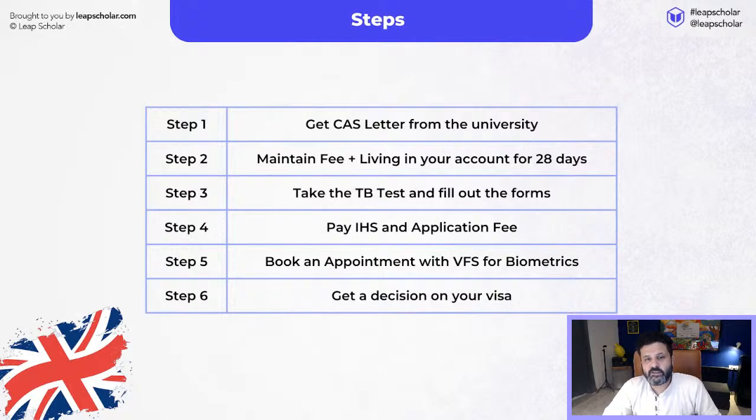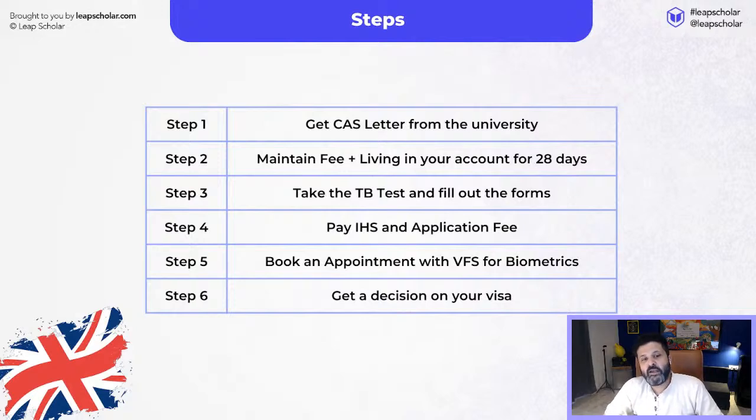If your CAS letter says that IELTS is required or IELTS was considered for your application, then you need to submit IELTS in your visa application as well. Unlike Canada, IELTS TRF submission is optional and it's entirely dependent on the university itself. So first step is to get a CAS letter from the university.